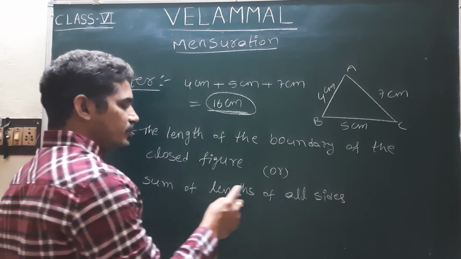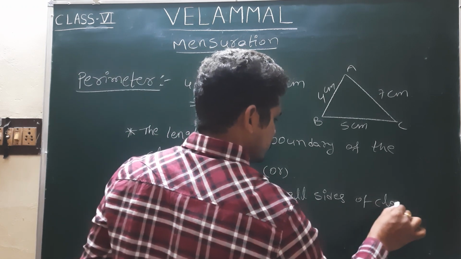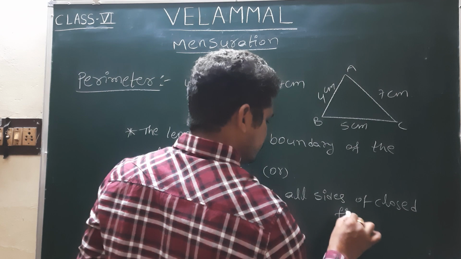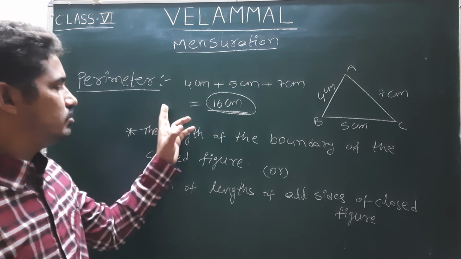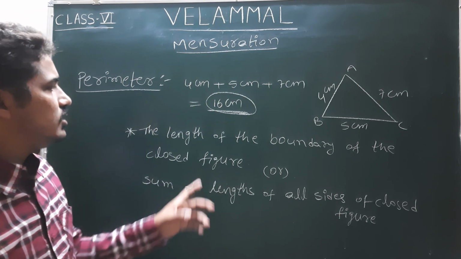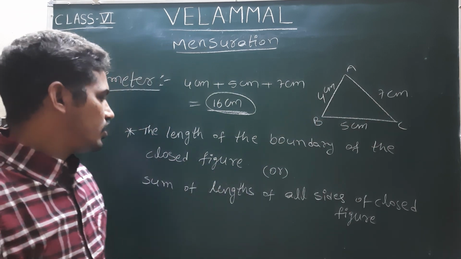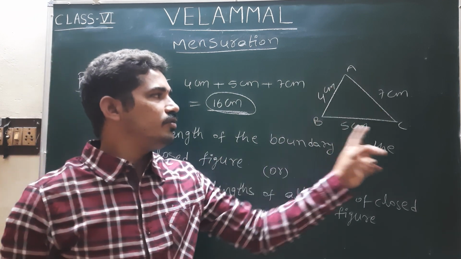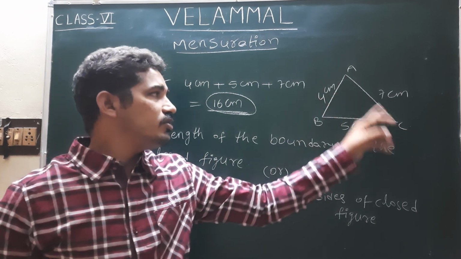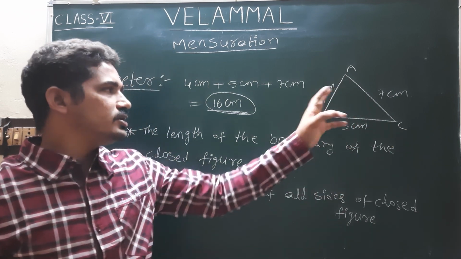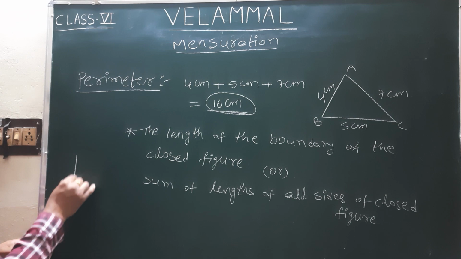Or else, the sum of the lengths of the sides of a closed figure is called the perimeter. Whatever the procedure, however we find the length of the boundary, that is called the perimeter of that figure. Okay.